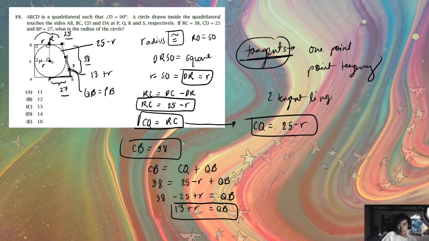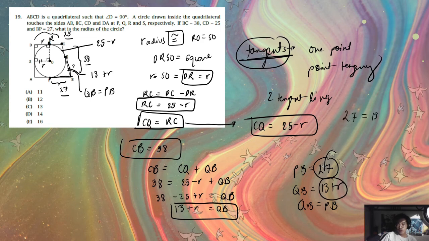Now, since PB is equal to 27, and QB is equal to 13 plus R, and QB is equal to PB, we can equate these two terms. So 27 is equal to 13 plus R, therefore the radius is going to be equal to 27 minus 13. And what's 27 minus 13? That should give us 14. So the measurement of the radius of this circle is equal to 14.